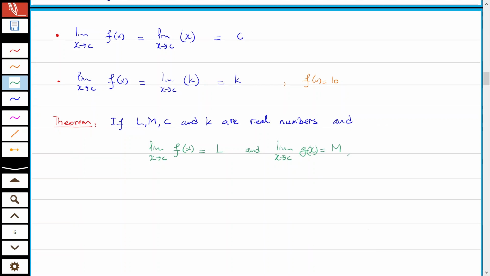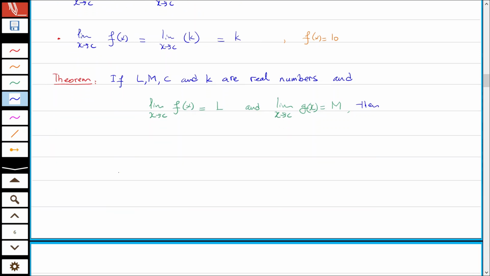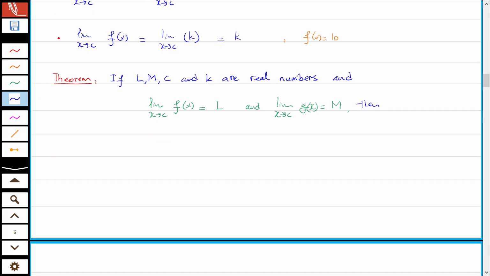Then we have the following properties. First, the limit as x approaches c of f of x plus or minus g of x.